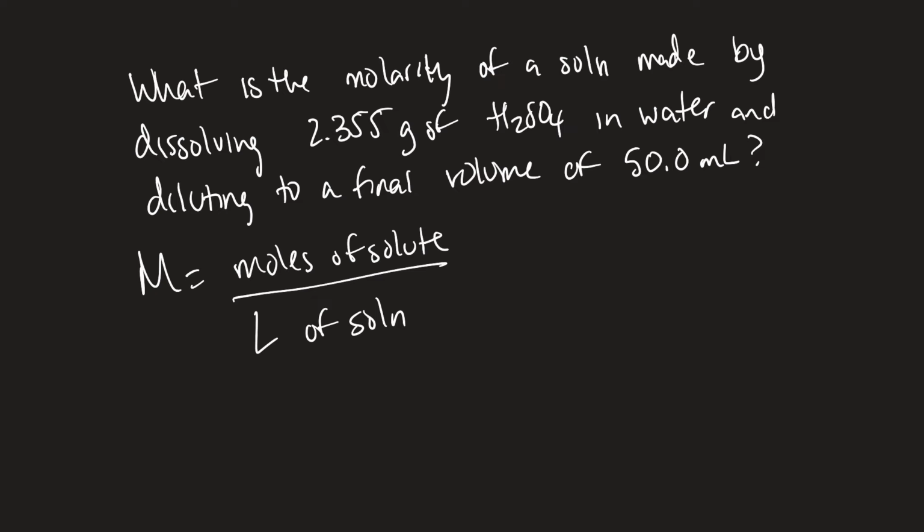So I have 2.355 grams of sulfuric acid, and I have to convert grams to moles. I also have 50 milliliters of solution, so I have to convert from milliliters to liters. Let's do that by part. First, I'm going to convert the 2.355 grams of sulfuric acid to moles of sulfuric acid, using the molar mass.